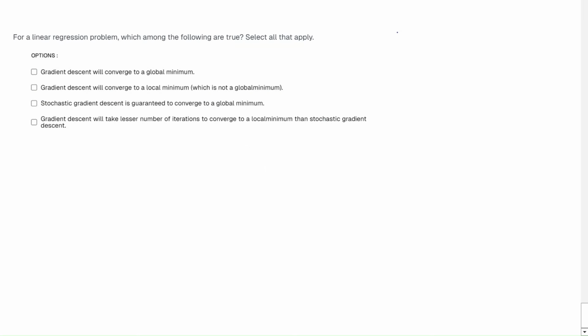Alright, so here we have a question on gradient descent and stochastic gradient descent. What gradient descent does is that it updates the parameters of a model by this particular rule: theta t plus 1 is equal to theta t minus eta times gradient of the loss function. L here is the loss function, and in gradient descent, this loss is taken over the entire data set.